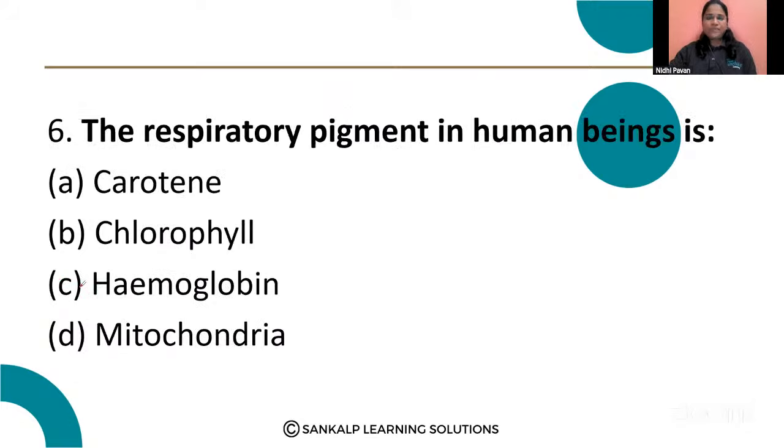Next question. The respiratory pigment in human being. Which is a respiratory pigment in the human being? A. Carotene, B. Chlorophyll, C. Hemoglobin, D. Mitochondria. So can you tell me the respiratory pigments in human beings?